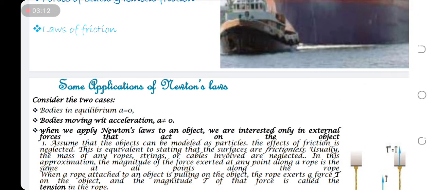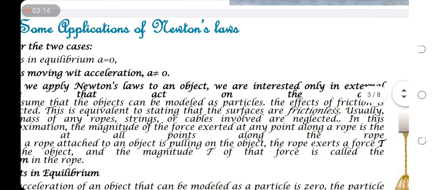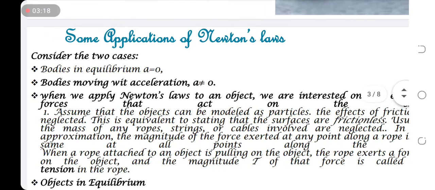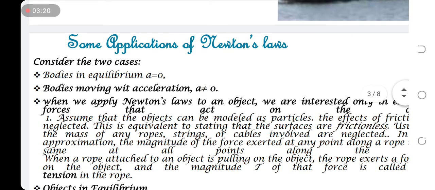Before going to the detail of this lecture, we must consider two cases here. The first case is the body is in equilibrium when acceleration is 0, that is, the body is at rest or moving with uniform velocity.